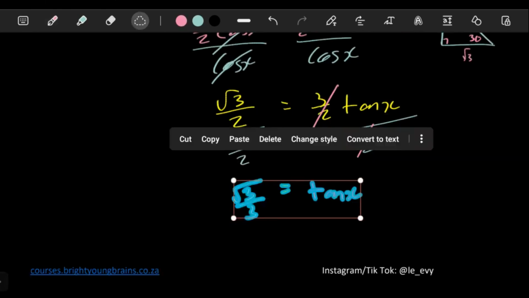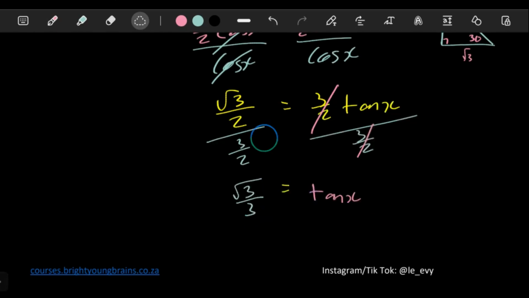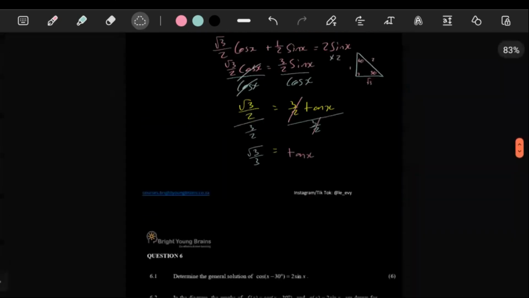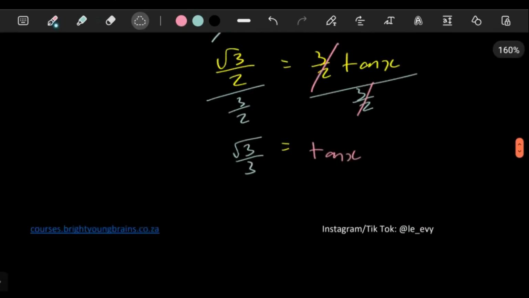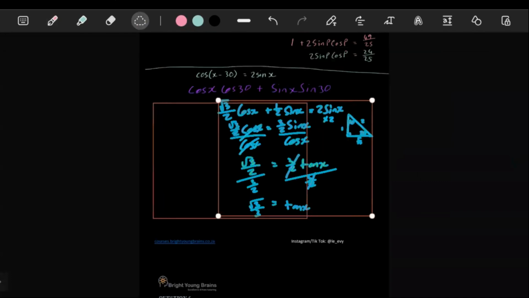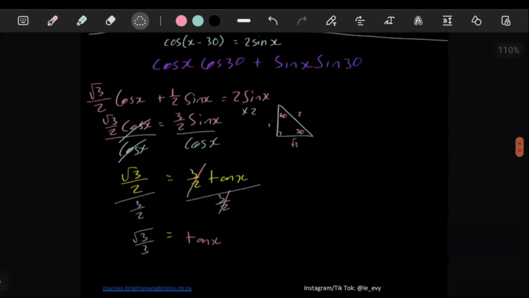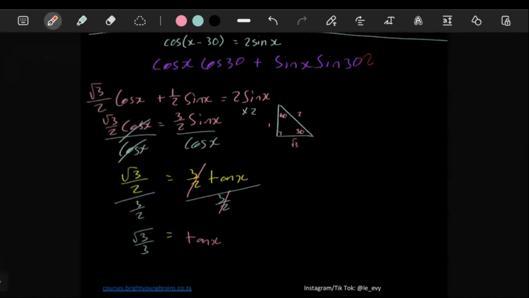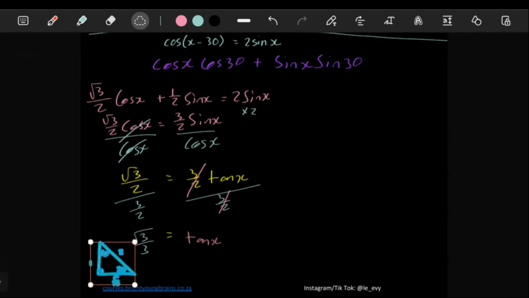So with this being said, now you can get your general solution nicely, because remember the general solution is where you end up doing your whole 180, your whole 360 stuff. So take everything to one side, and then what can we do? Need to create some space here.